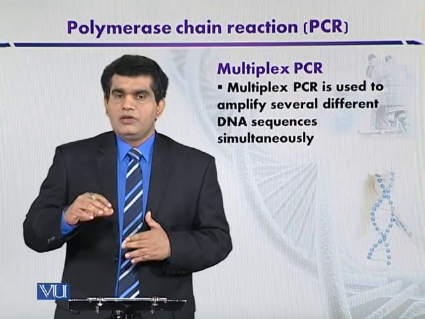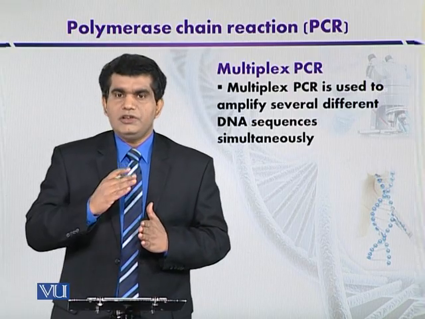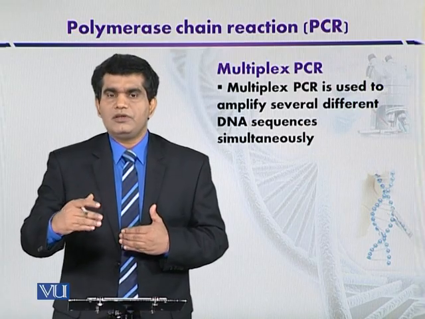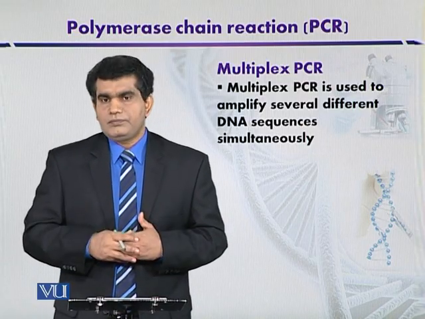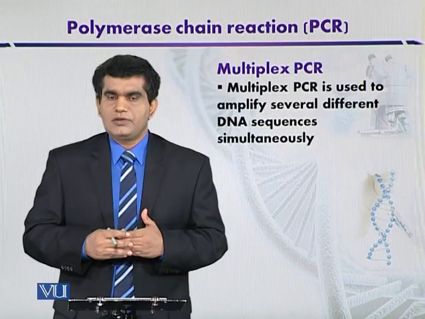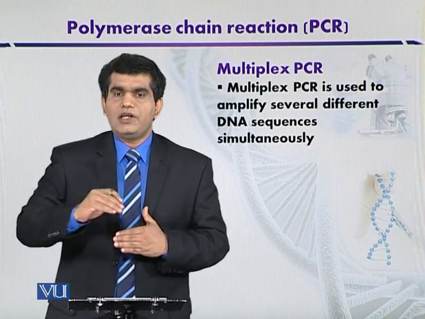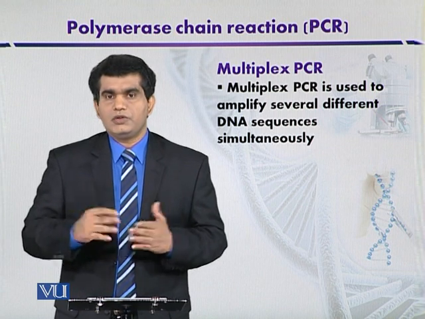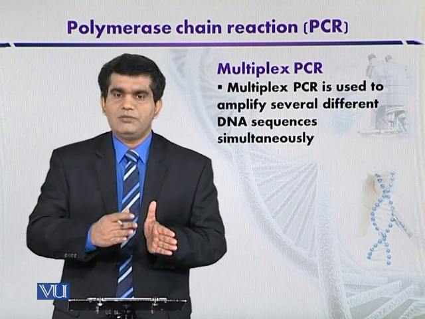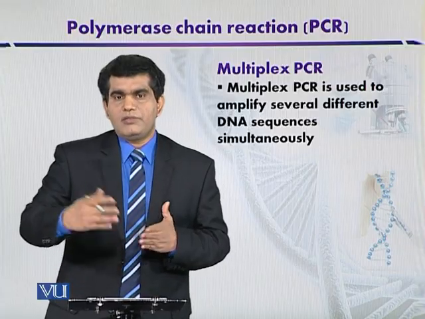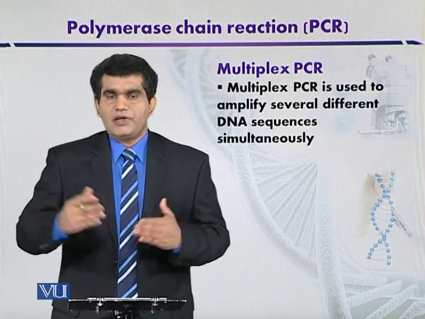So, suppose we have targeted genes A, B, C, D, E, each representing a particular gene. We have the primers. Now we can use the same reaction mixture and amplify different genes corresponding to different regions of the same organism's DNA, or maybe the DNA from another organism in the reaction mixture.